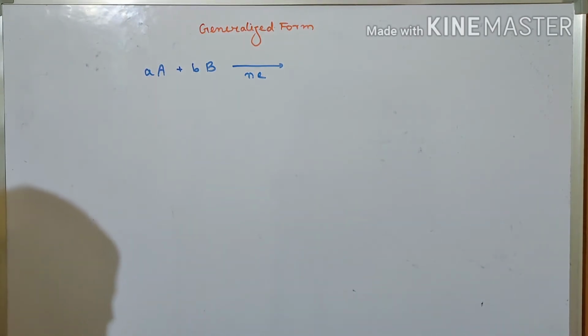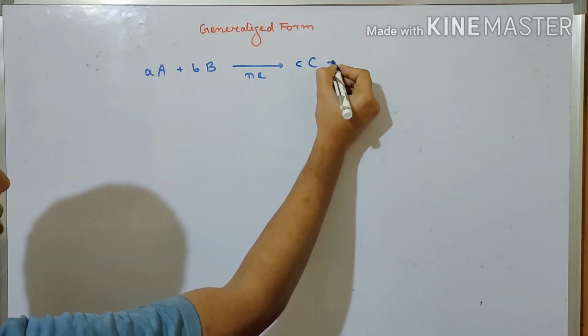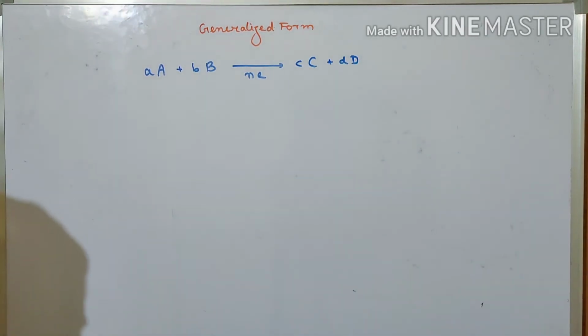After losing n number of electrons, if it is forming C and D of t. So here we can take care of all the coefficients.